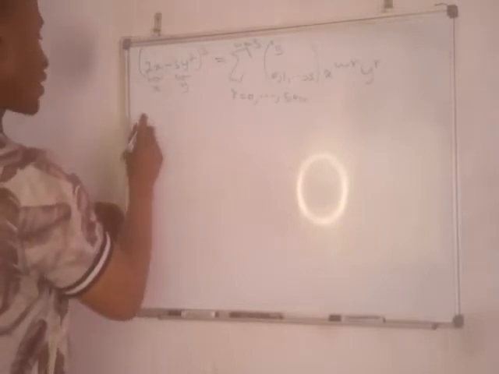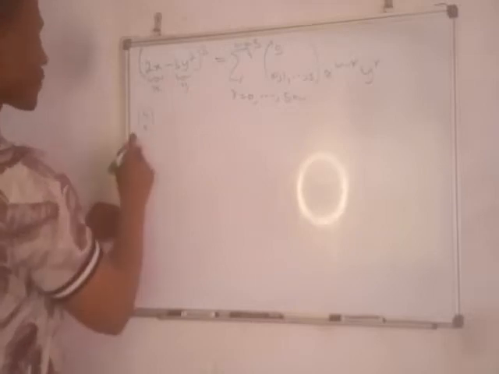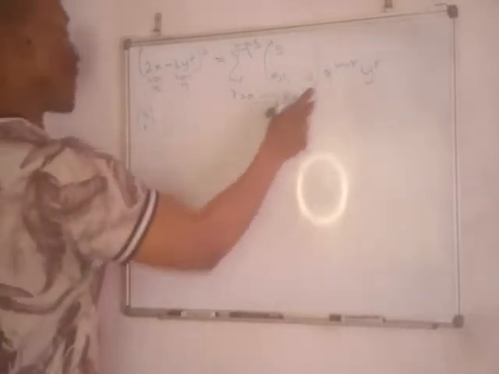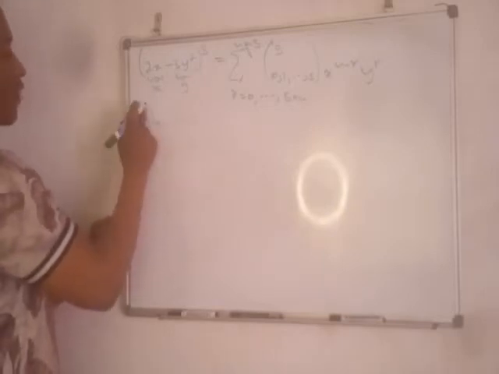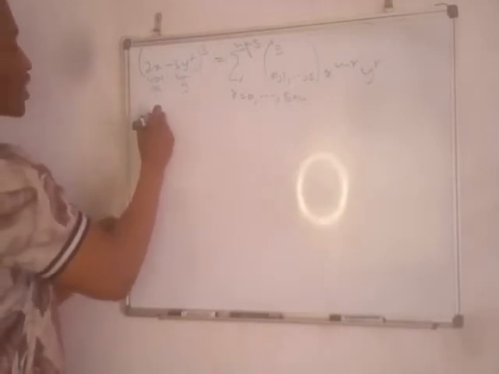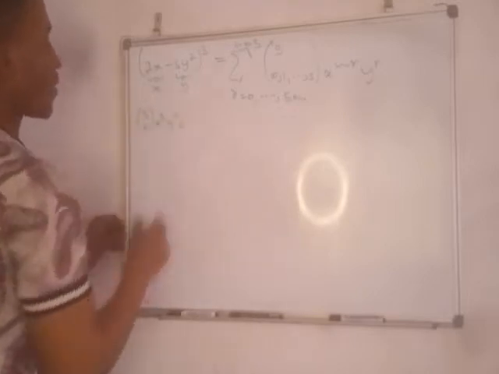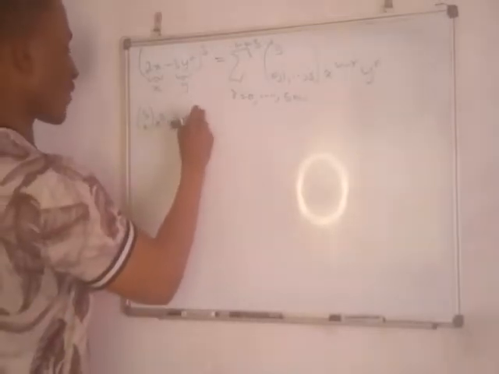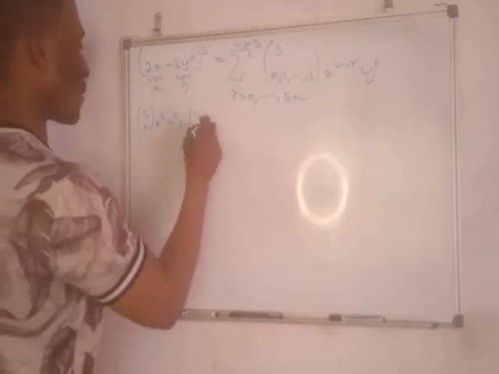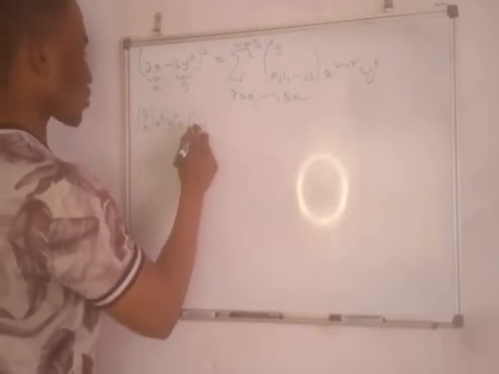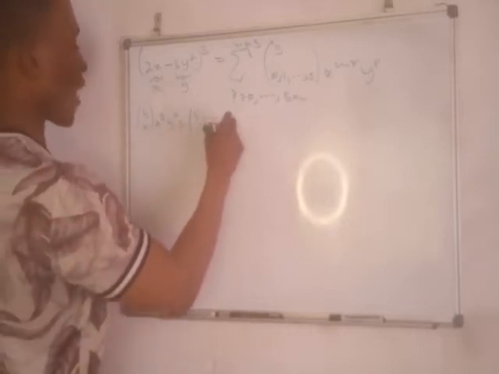So we'll start from binomial theorem of 5 combination of 0. What is my x? X is 5 minus 0, which is just 5, and my y is 0. Plus 5 combination 1: 5 minus 1 is 4, but my y will be 1.